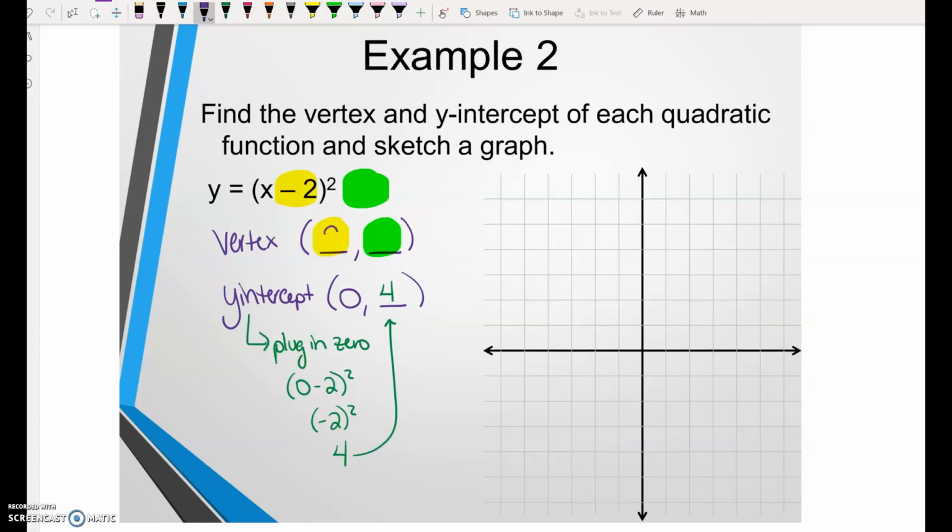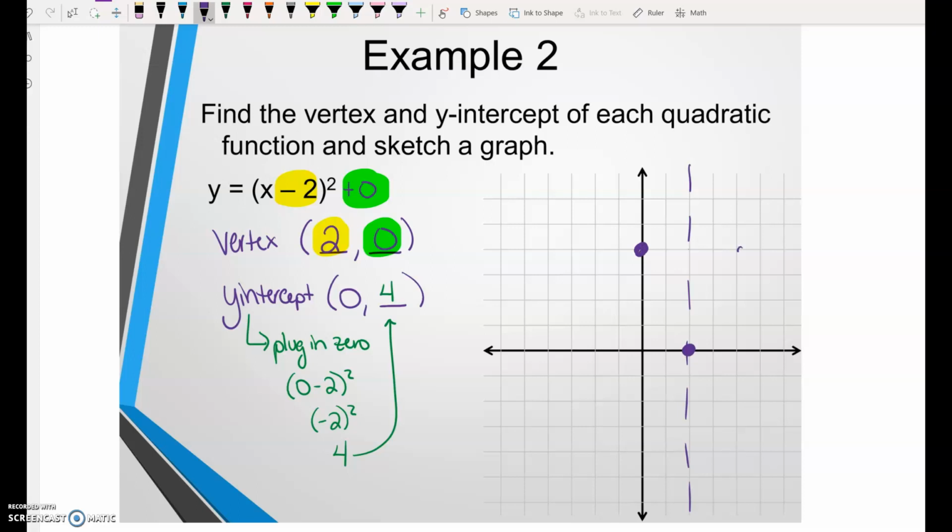So our vertex is at positive (2, 0). It's like there's a plus 0 here. So (2, 0), that's right here. And there's a symmetry line through that vertex. To find our y-intercept, you plug in 0, you get 4. So (0, 4).